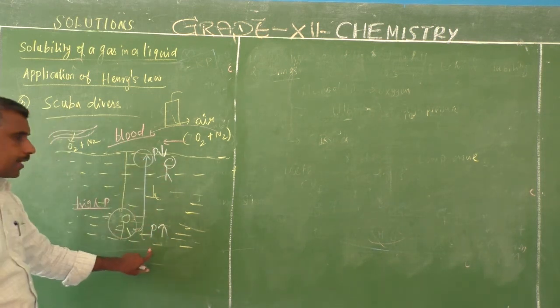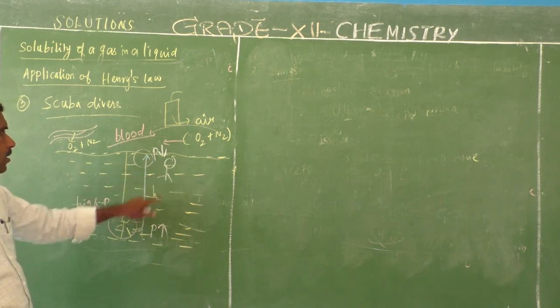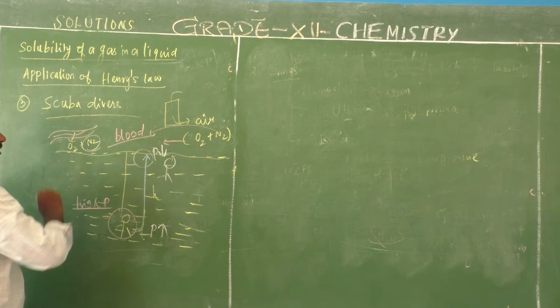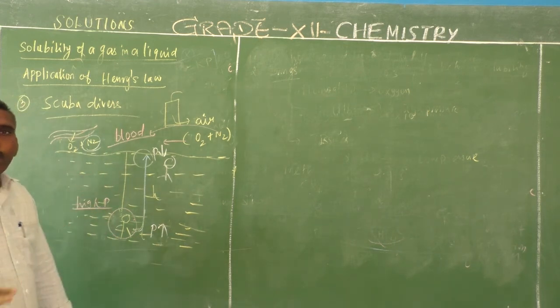Depth area pressure is high, and at the surface the pressure is less. The dissolved gas, particularly nitrogen, is released as bubbles.